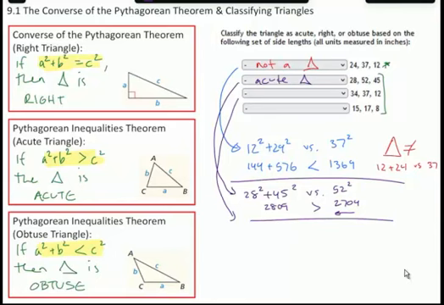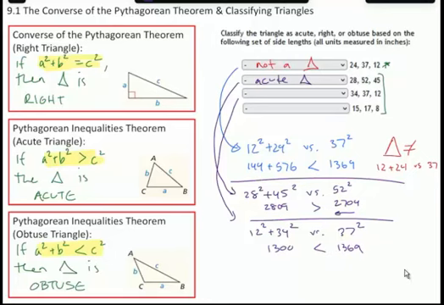If we look at the next example, the two shorter sides are 12 squared and 34 squared compared to 37 squared. When we make this comparison, 12 squared plus 34 squared gives you a total of 1,300 compared to 37 squared, which is 1,369.